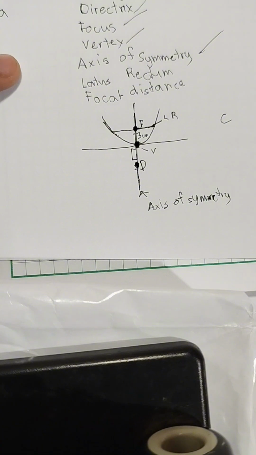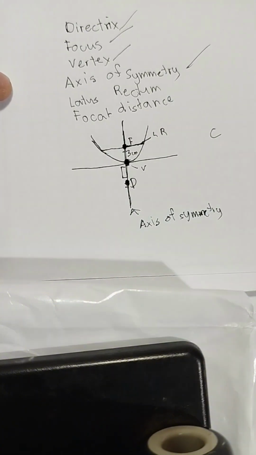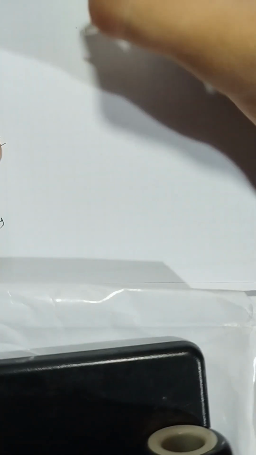So now that you know the parts of the parabola, we will talk about equations. So an equation of a parabola has two forms, the standard form and the general form. So first is the standard form.